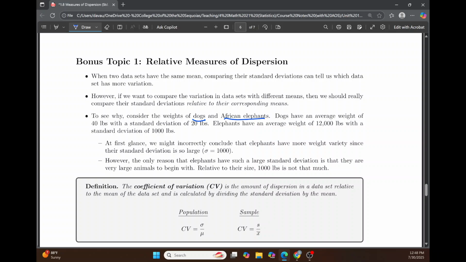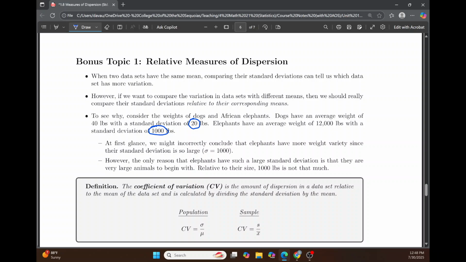And yet the data don't show that if all you're doing is looking at the standard deviations. At first glance, we might incorrectly conclude that elephants have more weight variety since their standard deviation is so large, 1,000 pounds compared to just 20 pounds for dogs. However, the only reason elephants have such a large standard deviation is that they are very large animals to begin with.